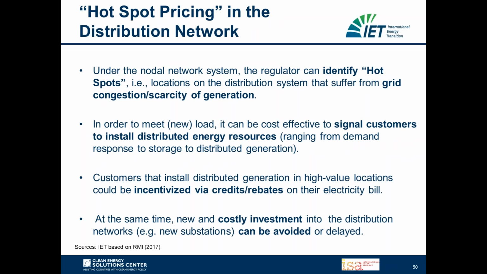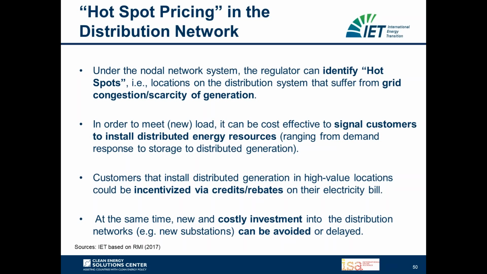One option which is currently being tested and discussed, once again in the United States, is so-called hotspot pricing, where you identify certain hotspots within your distribution network, where you have a lack of power generation and frequent congestion within the grid.